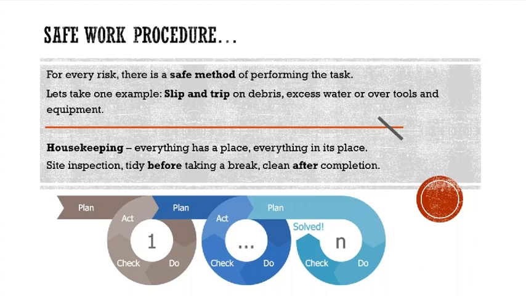The one example of cleaning up after ourselves is an extremely important one. All of us can slip and trip over debris, tools that are being left around, excess water that may have spilt out and that has not been cleaned up. Or perhaps there is packaging that we have taken the geyser or the tools or equipment out of.